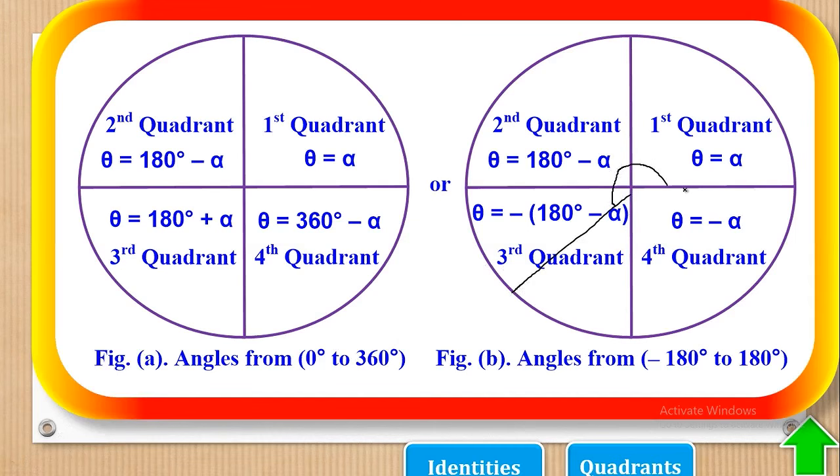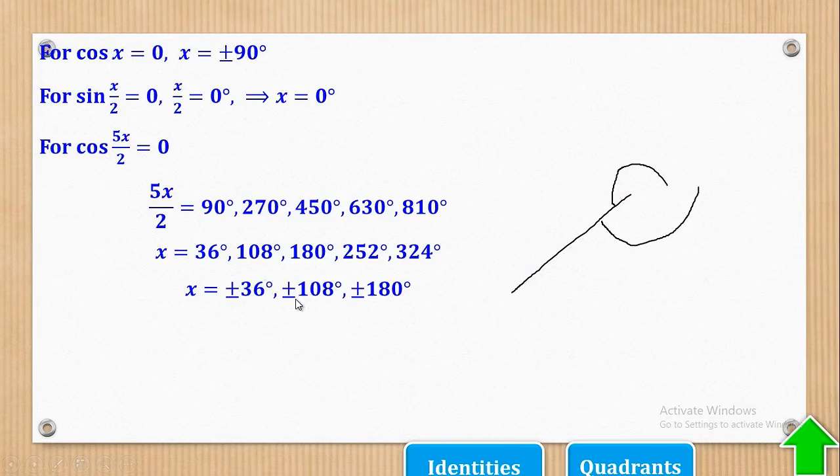So in terms of negative angle, I will have to measure this remaining angle. So this remaining angle will be 360 minus 252. So when I say 360 minus 252, I'll come up with 108, but to be negative. So that explains why you are seeing here a negative 108 degrees. It is because of this 252.